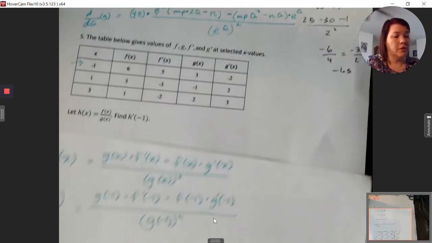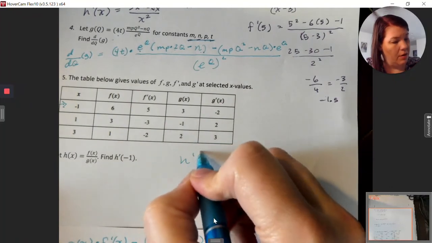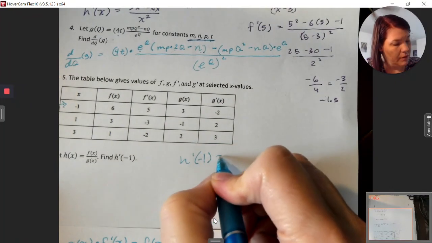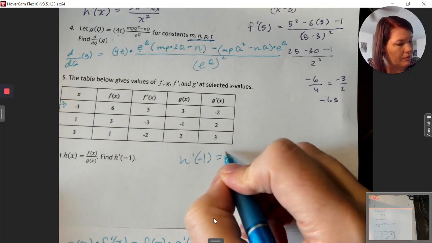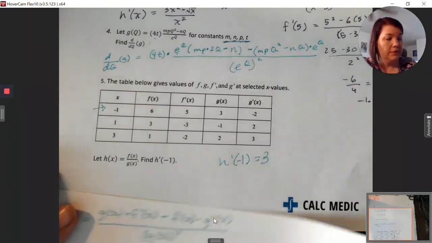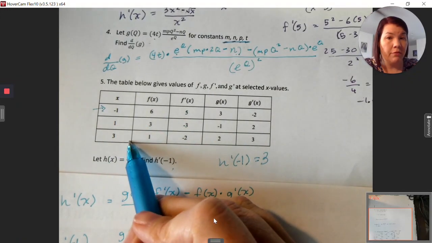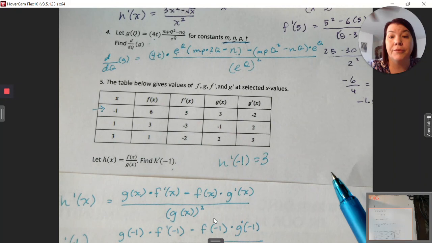Okay, so answering this question, h prime of negative 1 was 3. Now with this table, I could also find h prime of 1 and h prime of 3. I can't find any other values because this is all I know.